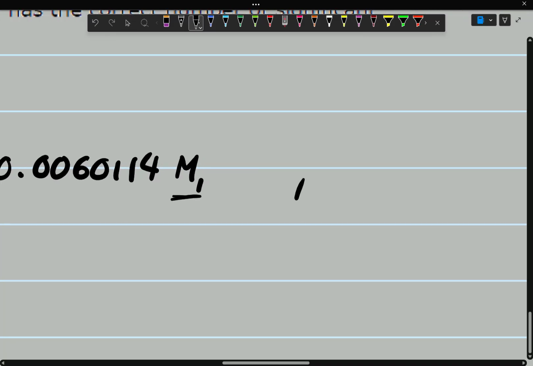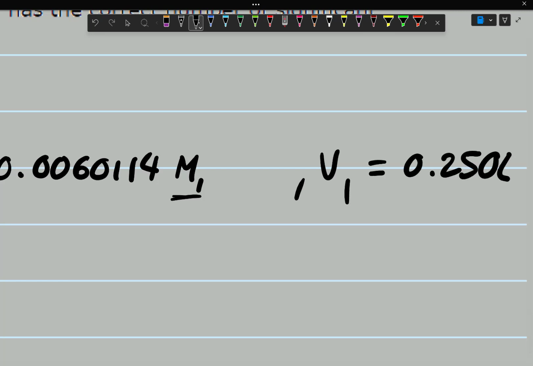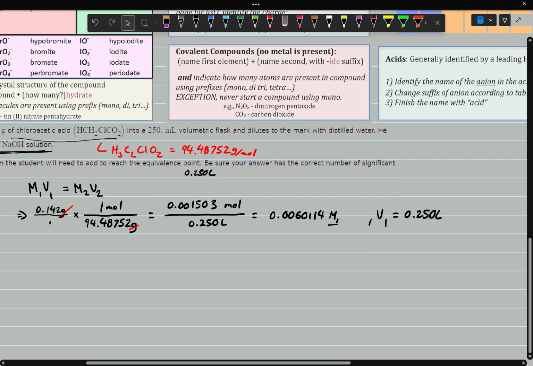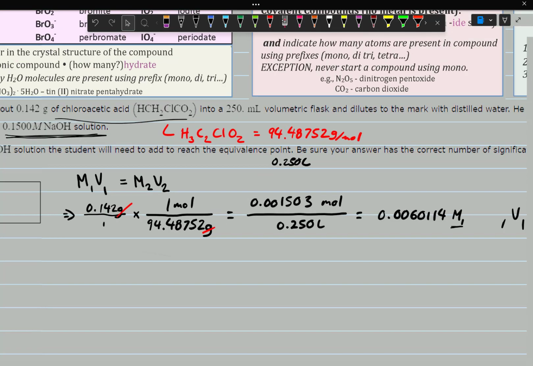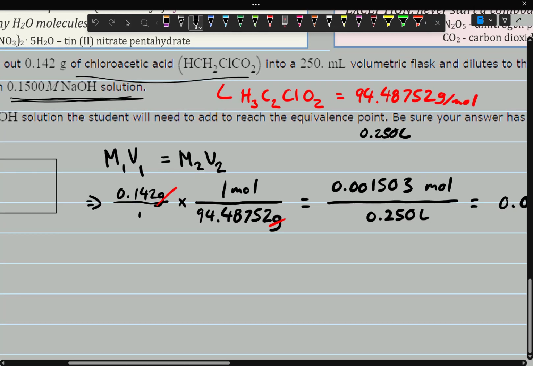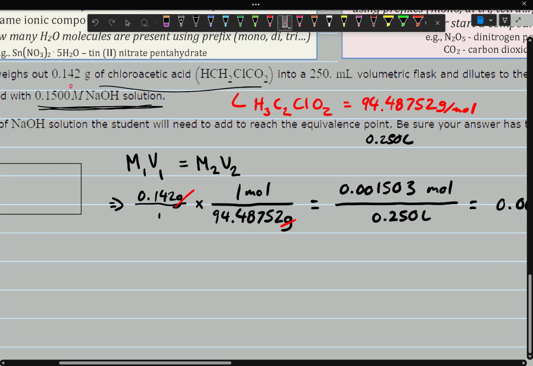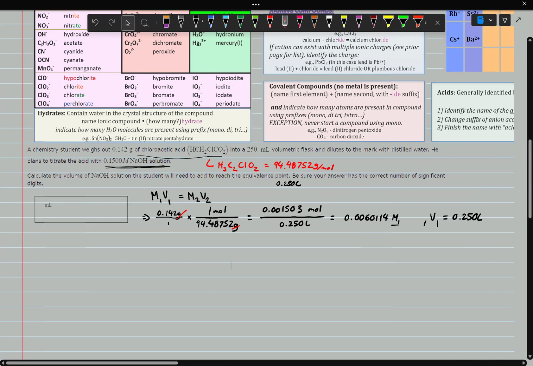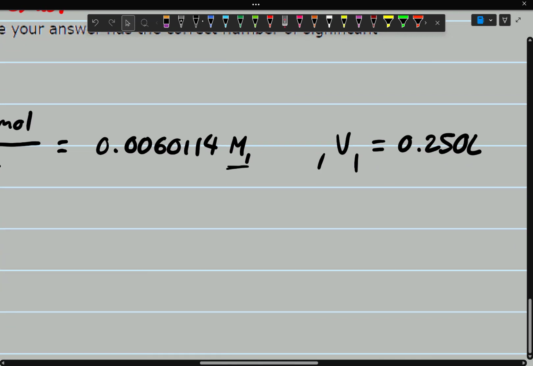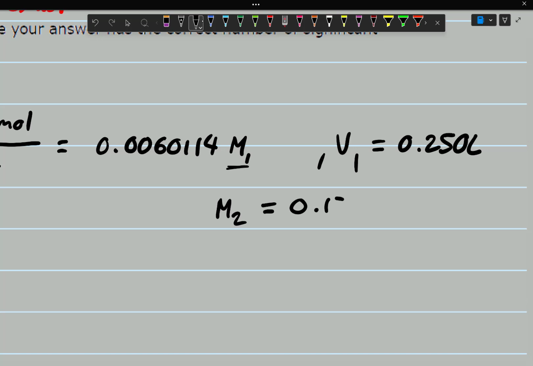Our V1 is just 0.25 liters, right? Which is the volume for our acid. We're given M2 as the molarity of our base solution. So we've got M1, V1, M2 is equal to 0.1500 M, and we'll just label that 2.